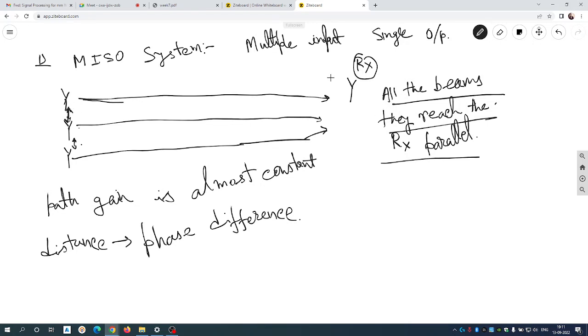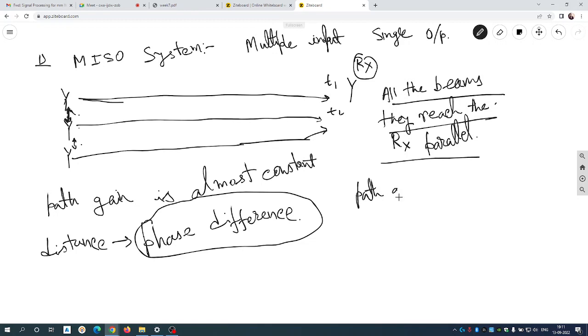Suppose it reaches at T1 and it reaches at T2. So they will cross the same path for a receiver which is situated a long distance away. But only the small distance d will generate the phase difference here. So the path gain alpha_i will remain constant for all the paths.